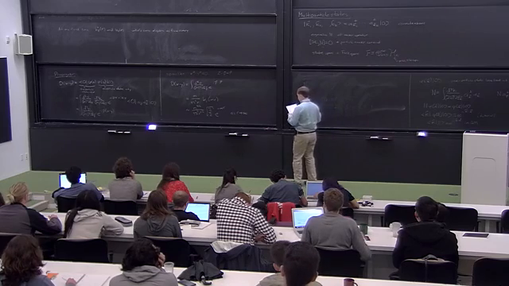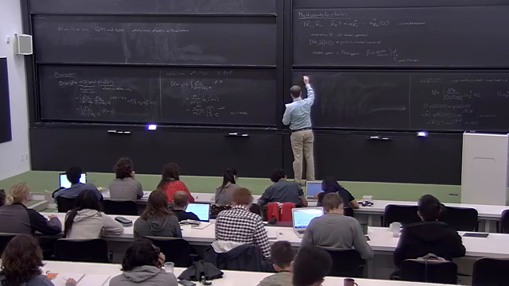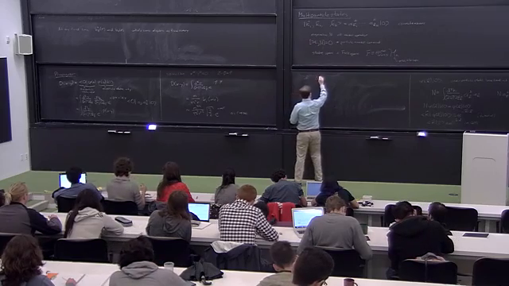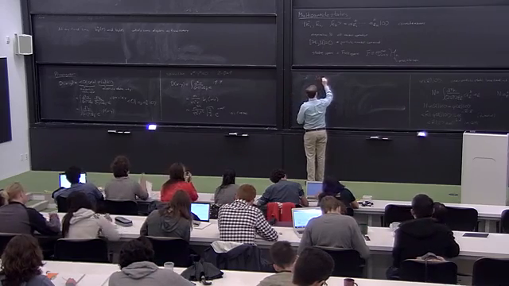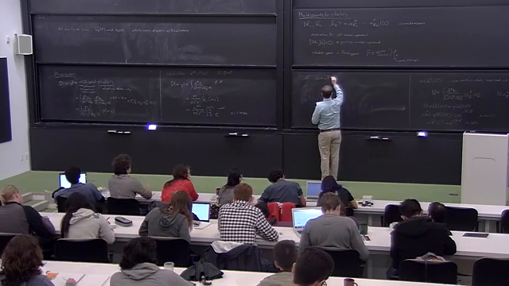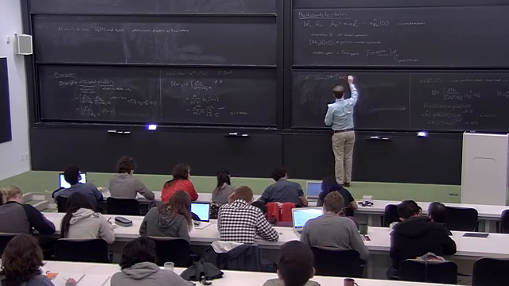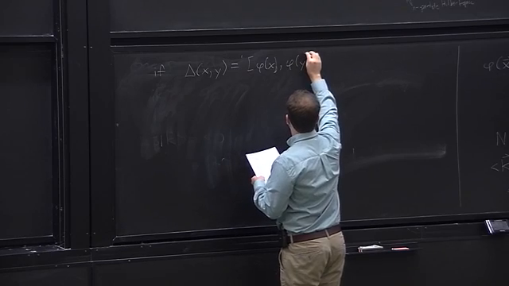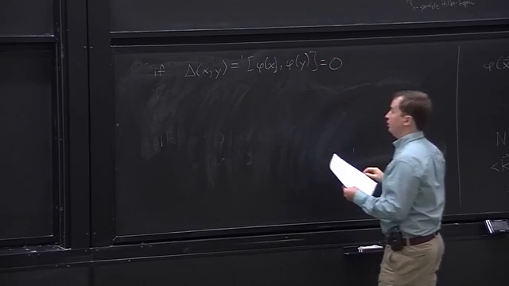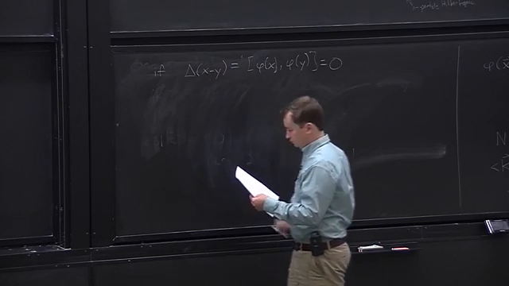And so that will be true as long as the commutator of phi of x and phi of y is 0, which I'll call delta of x and y, or delta of x minus y.